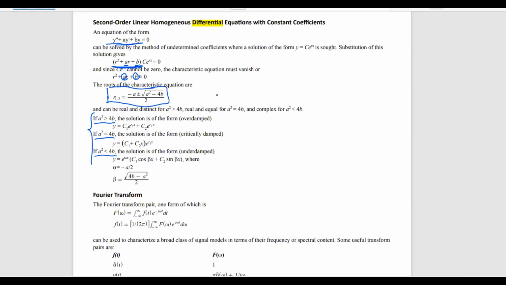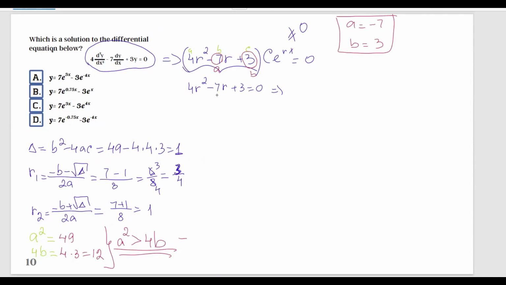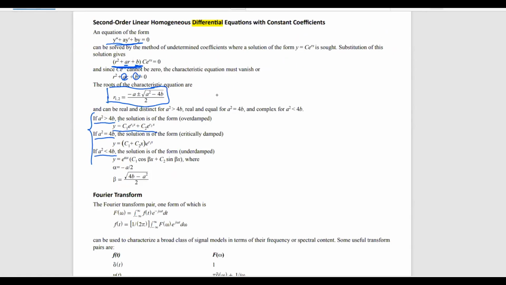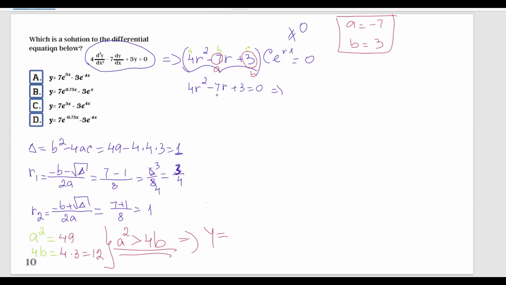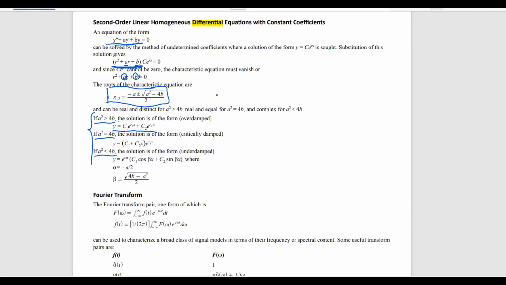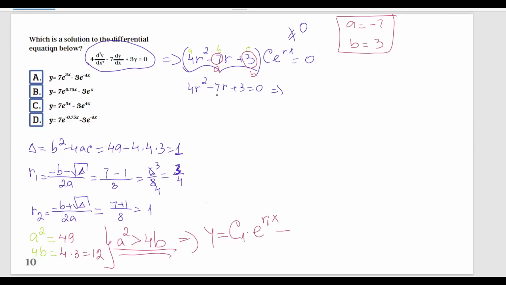So this is the case where A squared is greater than 4B, and the solution is of the form y equals C1 multiplied by e power R1x plus C2 multiplied by e power R2x.